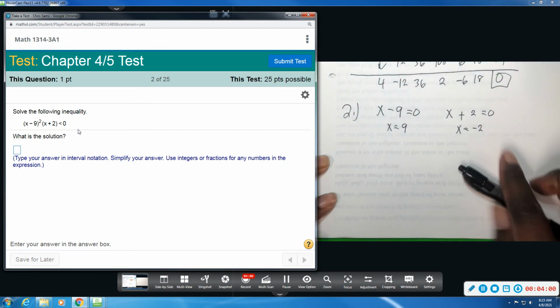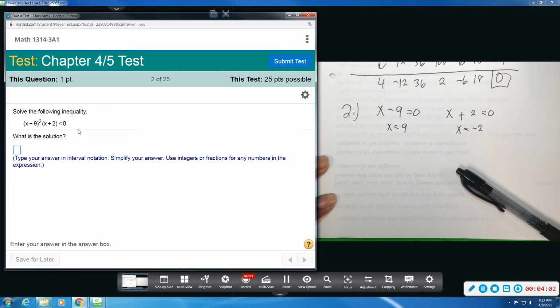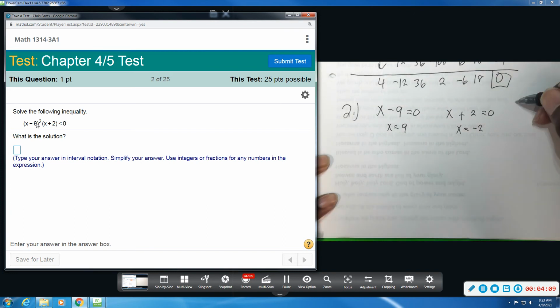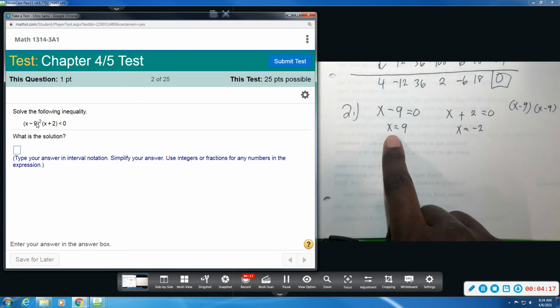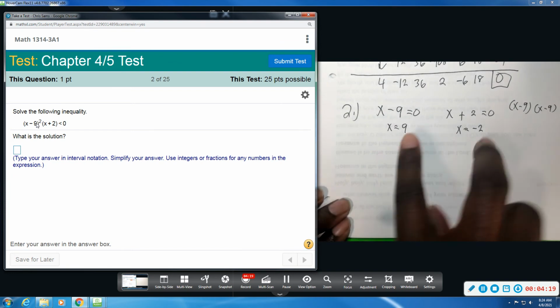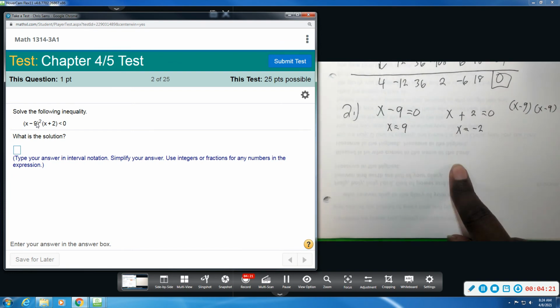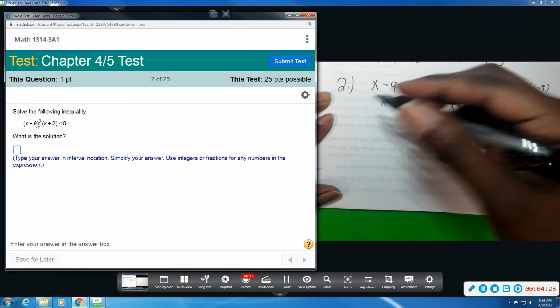So when you're doing the critical values, it is not important to really focus on the squared at this point, because it would just mean you would have x minus 9 twice. And still, if you set them equal to 0, you would still just get one number, positive 9. Okay, so in the first stage, finding the critical values, the squared is not important. We're going to do a number line.